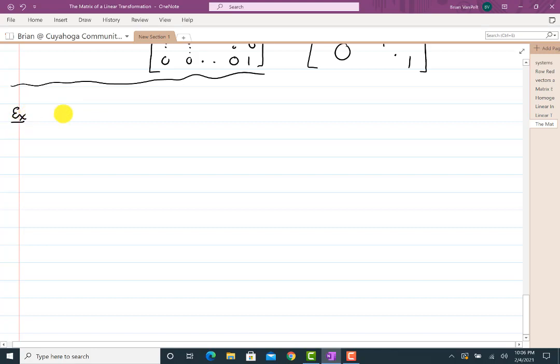As an example, let T from R2 to R2 be the transformation. So I'm not saying it's a linear transformation.